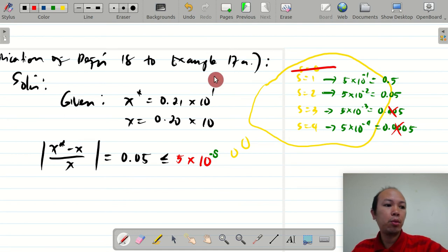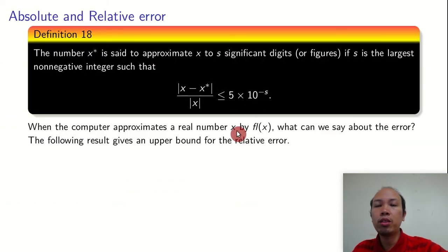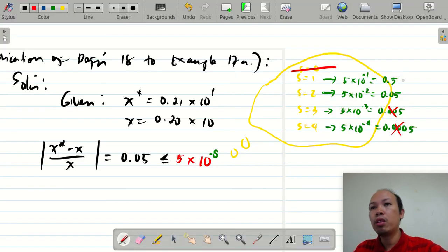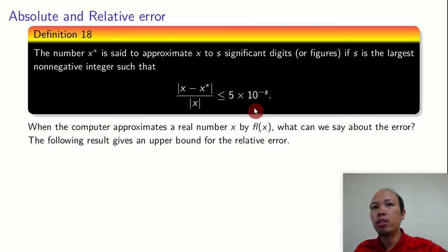But if you look at the definition, it says that s is the largest non-negative. So between the two, 1 and 2, not negative 2, negative 3, but s, as you notice here, s is positive. But if you plug this into the exponent, we have negative. The definition says that s is the largest non-negative integer.